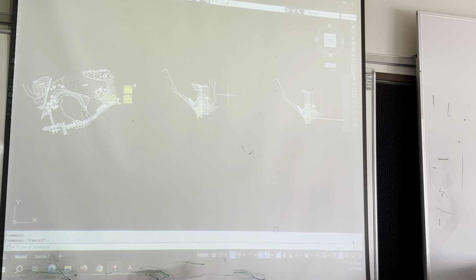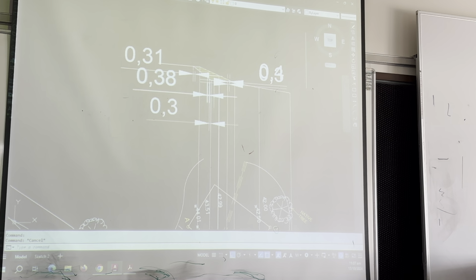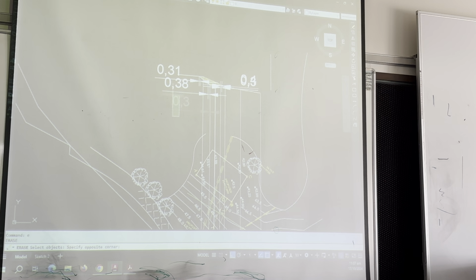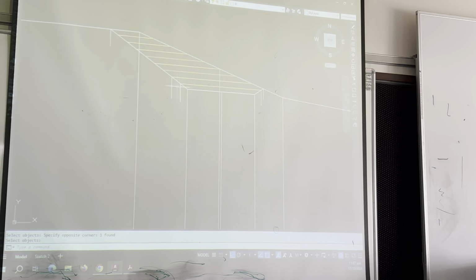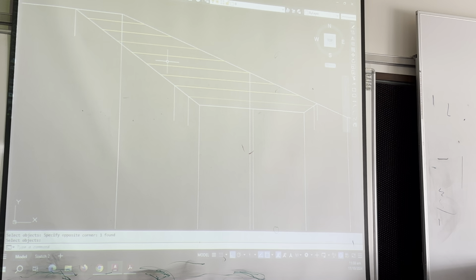So when we go back to our cross sections and we get rid of all these numbers off here, it's important for us to mark what that contour value is, so that we can mark them then on the plan view as well.